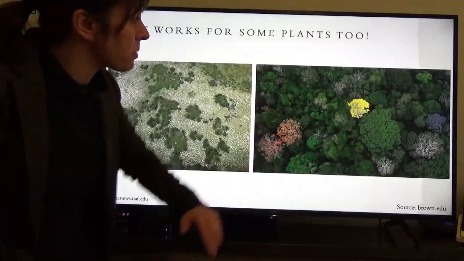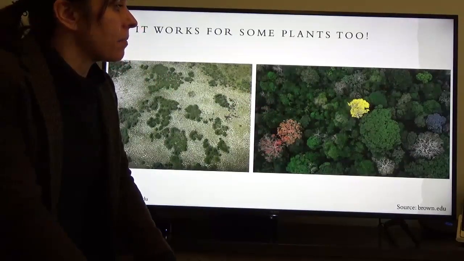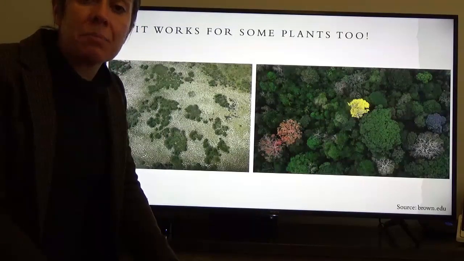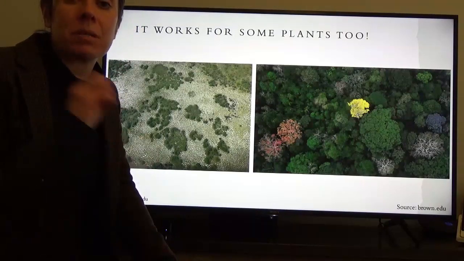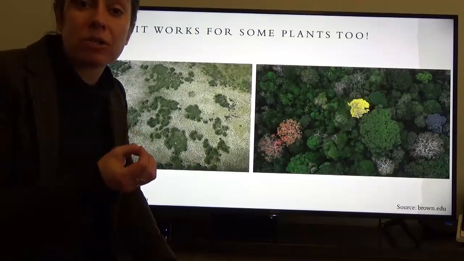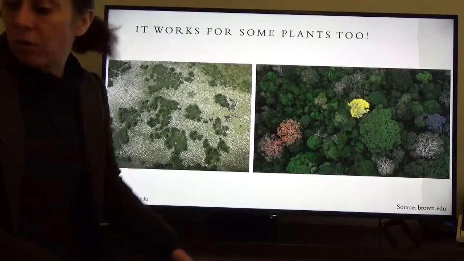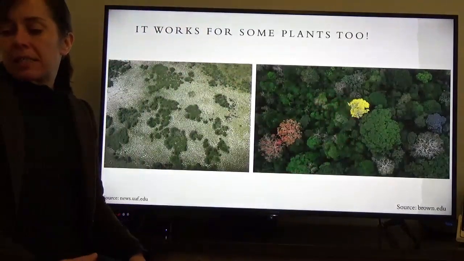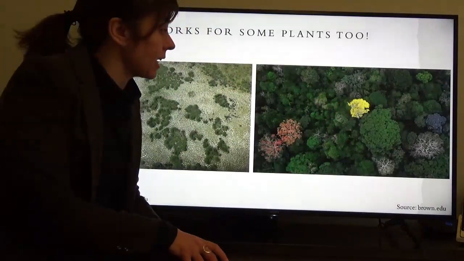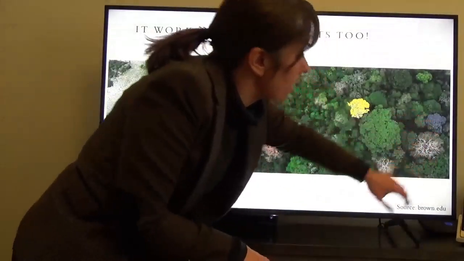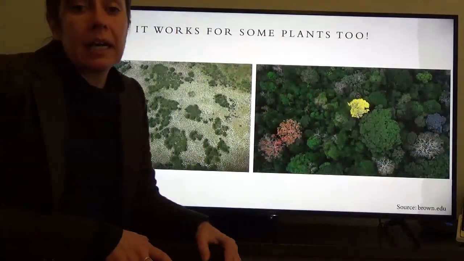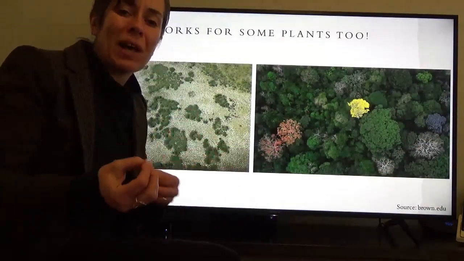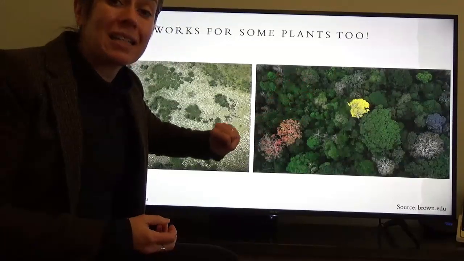Another great example comes from the tropics, where we have really spectacular changes in the color of the canopy of certain species that allow them to be very easily picked out using spectral remote sensing techniques. We have in yellow here one tree species, Handroanthus guayacan, and the blue over here is Jacaranda copaia. For both of these, you have to know something about the biology to know who's flowering at a given time or when to take the images.